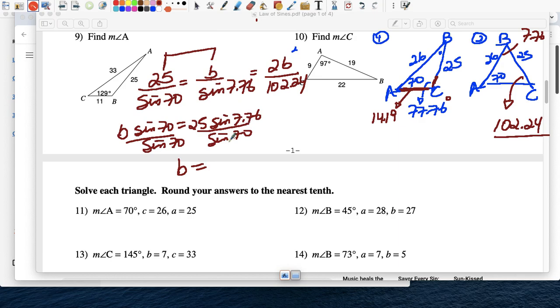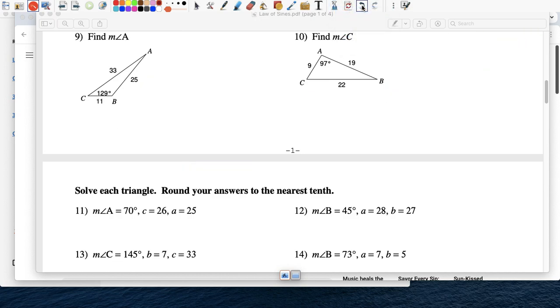And we're going to get that little b, in this case, is 3.59. In this case, second triangle, little b, which is this side right here, measures 3.59. So, yeah, 11 is a pain, because there's two triangles.